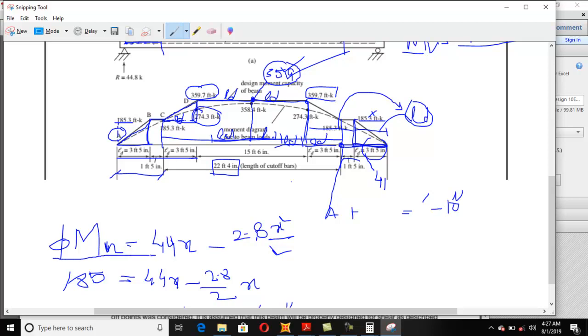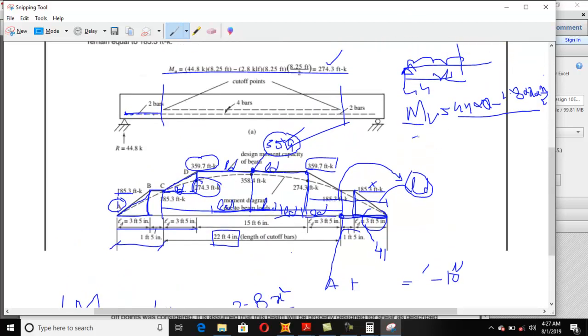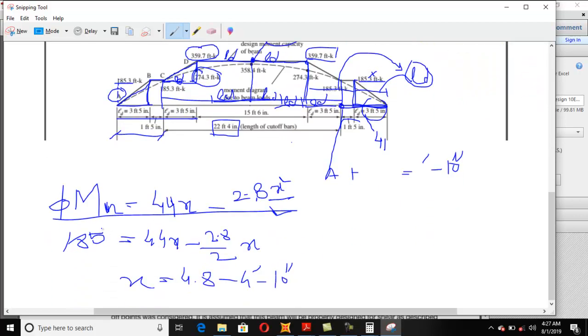So if I write this equation, and I compare, because this phi Mn at this point C is equal to 185, so I just put 185 and I did the calculation, which is a quadratic equation, and for x I get 4.88, which is equal to 4 feet 10 inches.